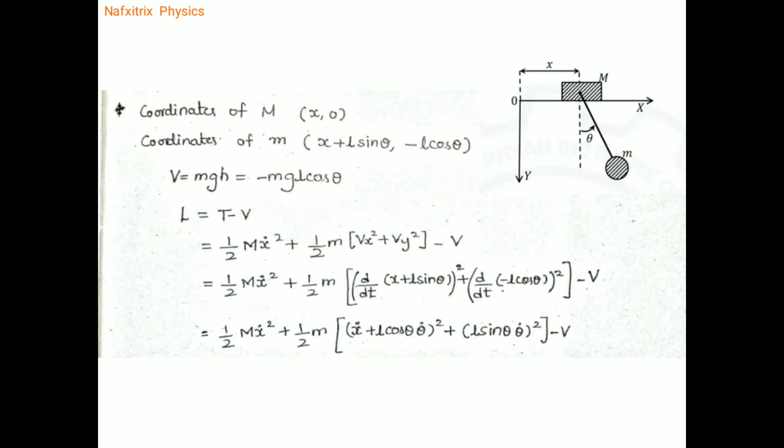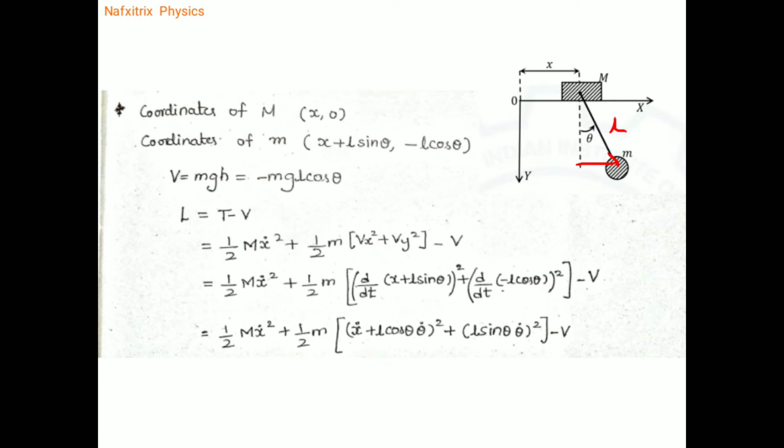So its coordinates now we have to see. So this is a string of length L. Now if we draw a perpendicular from here, from the center of mass point, you can say, now this looks like a triangle. So this entire thing looks like a right angle triangle.